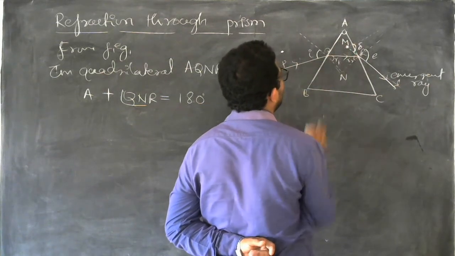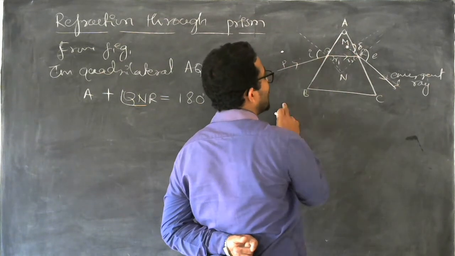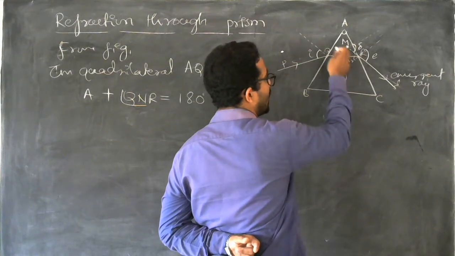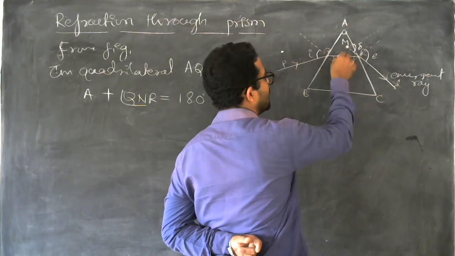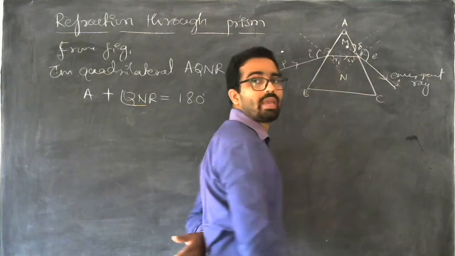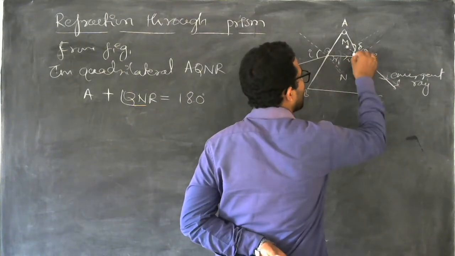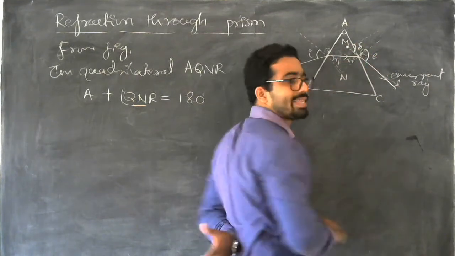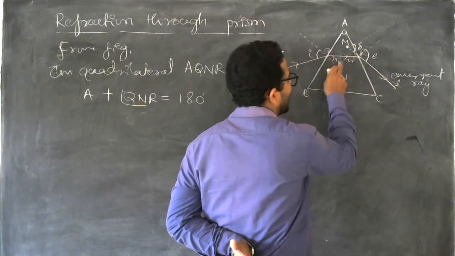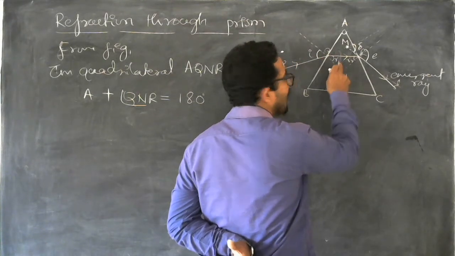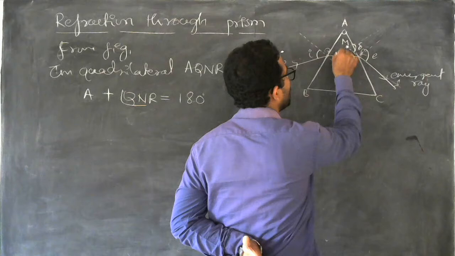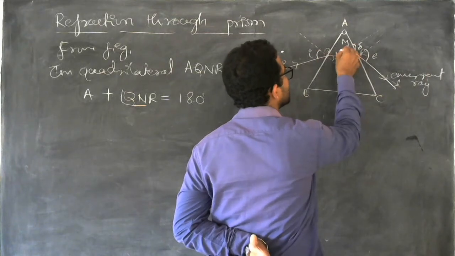Something we have to do here. See, this whole angle is i. What is this whole angle? These are opposite angles, right? This whole angle should be i. If this is e, then the whole angle should be e itself. A part of this angle i is r1, so the remaining should be i minus r1.